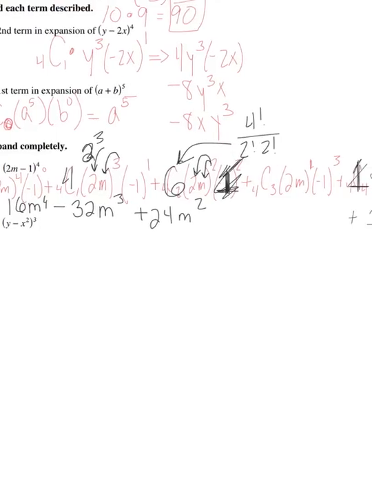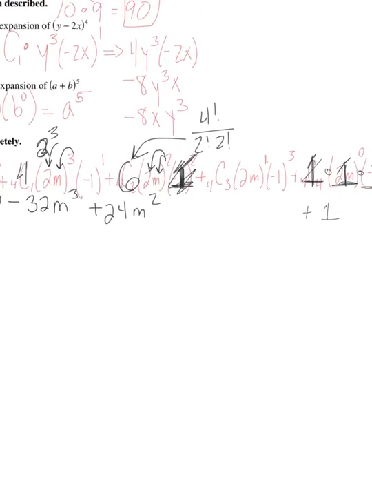And then last, my 4 choose 3. That ends up being a 4, if you factorial that out. And then I get 2m just to the first, and negative 1 raised to the third power. So negative 1 times negative 1 times negative 1 is a minus. So that's going to change my sign again.